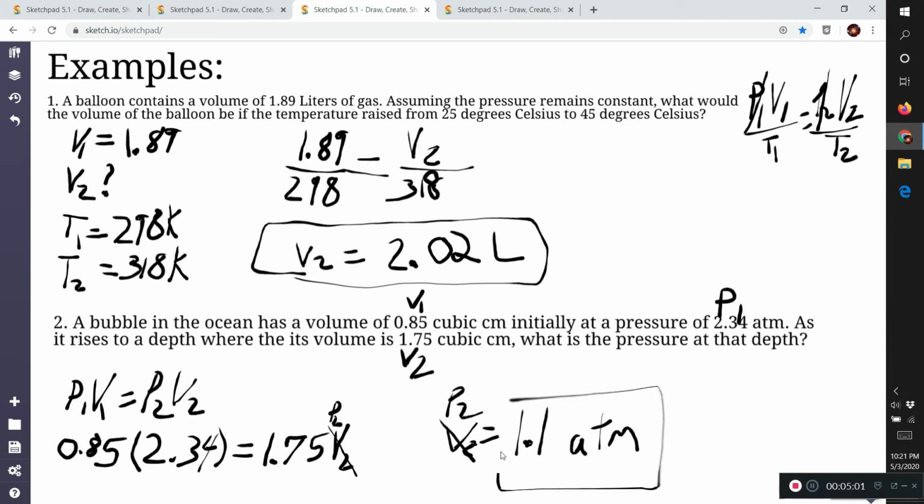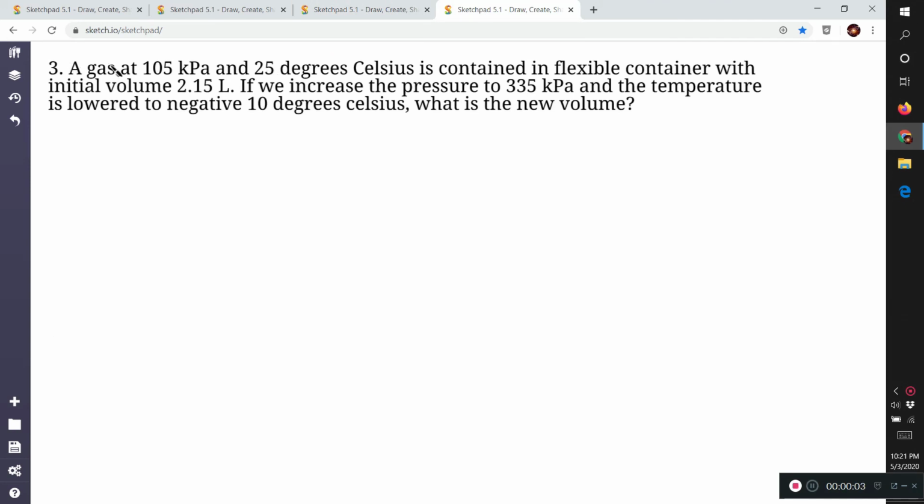All right. Now let's look at one where you have to consider all three of our variables. So in this one, we have a gas at 105 kPa. That's kilopascals, so that's pressure. Let's call that P1. And 25 degrees Celsius.